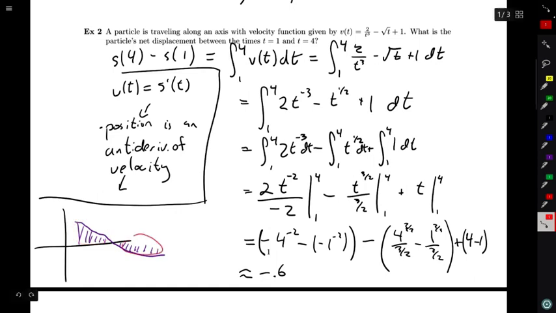This area here represents the total distance to the left. Without an integral, you might know the particle is traveling to the right for a bit, and then it travels to the left for a bit, but you don't know whether it ends up to the left or to the right of its starting position. Now that we have this integral available to us, and we can actually count this area, we know that the particle is going to end up a little bit to the left of its starting position, about 0.6 of a unit. So we do get a little bit out of having this integral available to us.